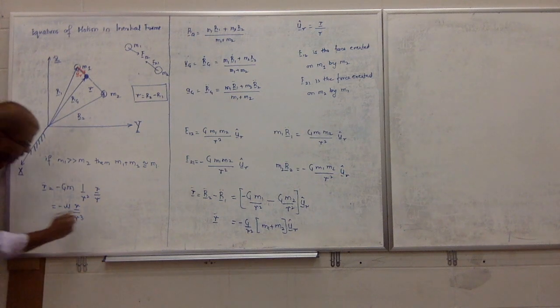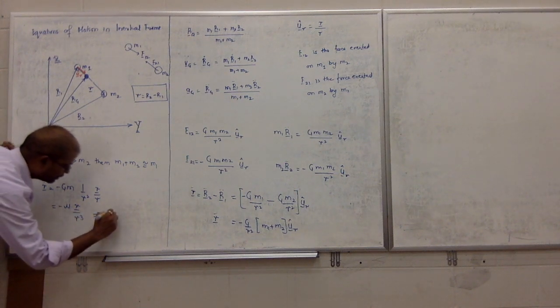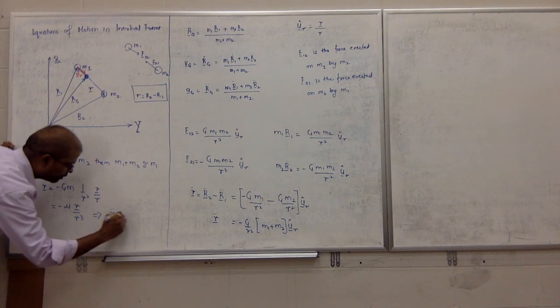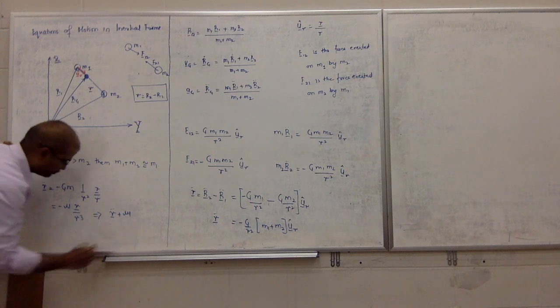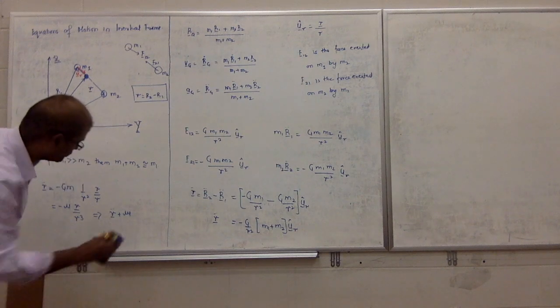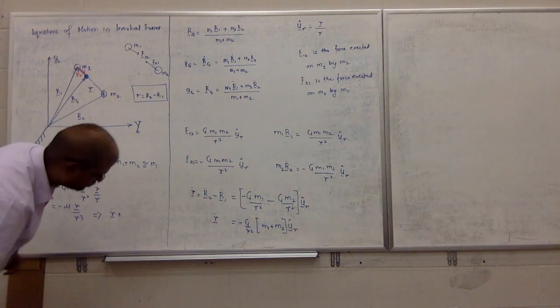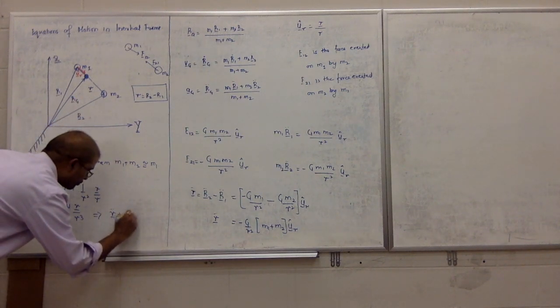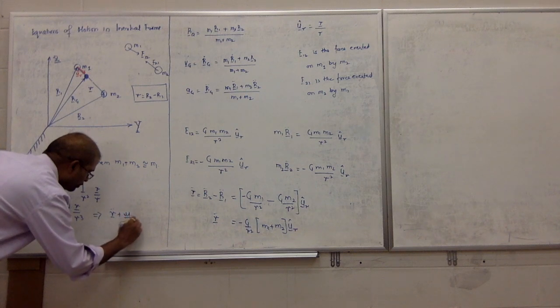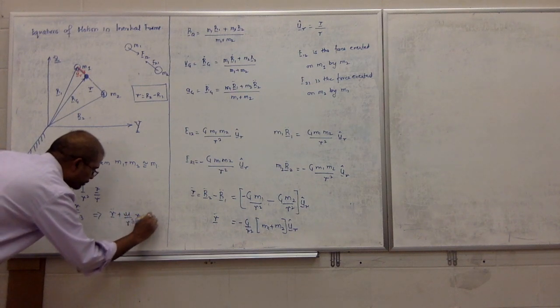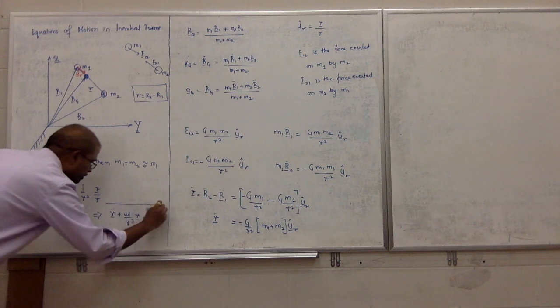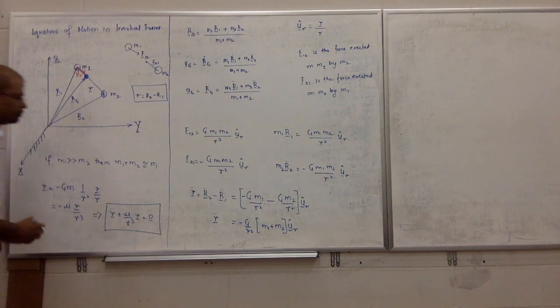And if you combine this, R double dot plus mu over R cube times R is equal to 0. This is the two-body problem.